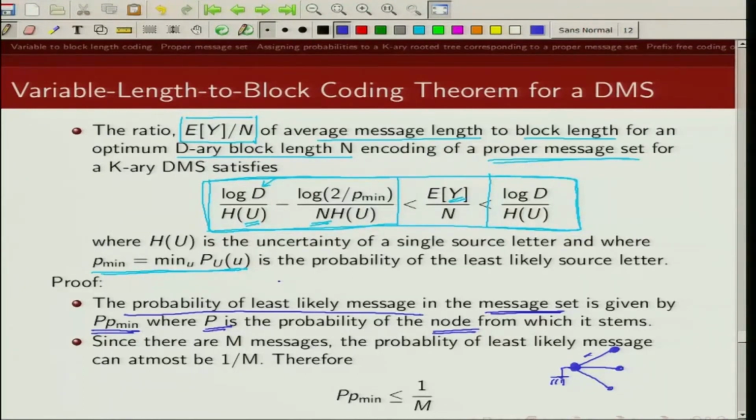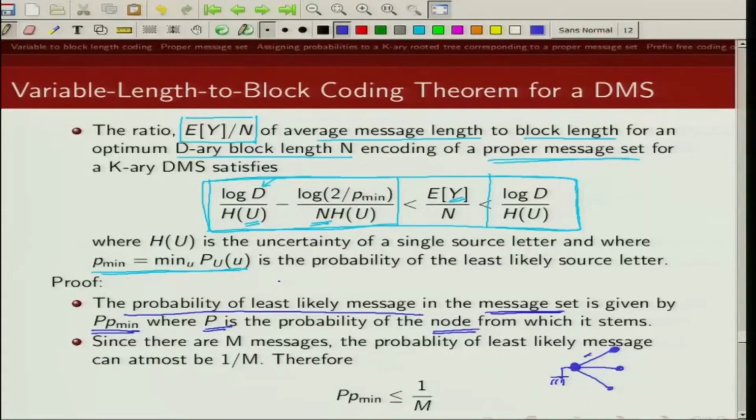Now since we have a total of m messages, this probability of the least likely message must be less than or equal to 1 by m. So the probability of the least likely message in a proper message set is less than or equal to 1 by m.